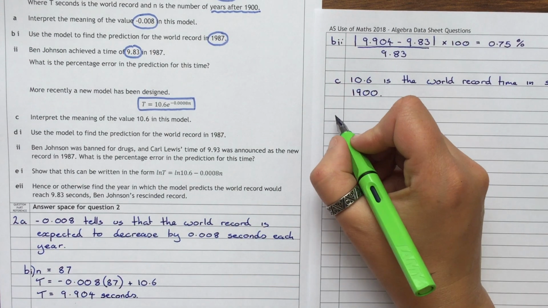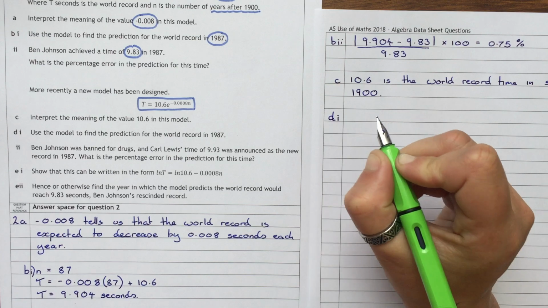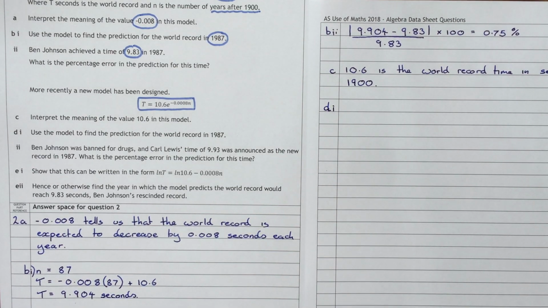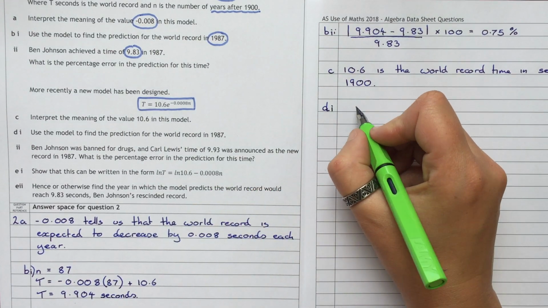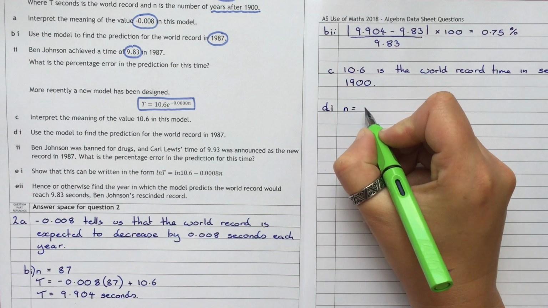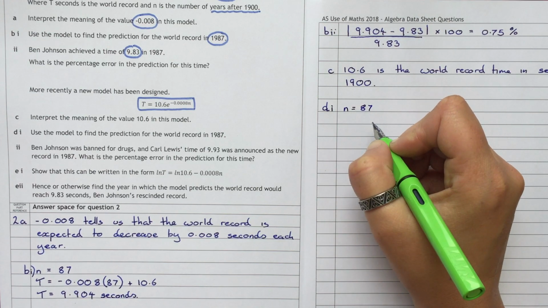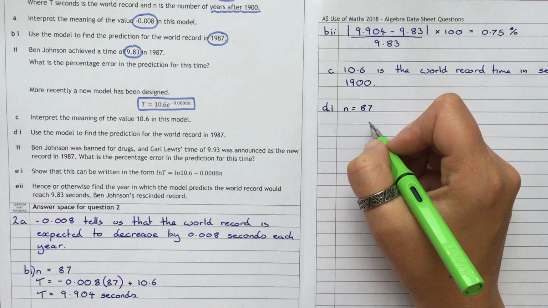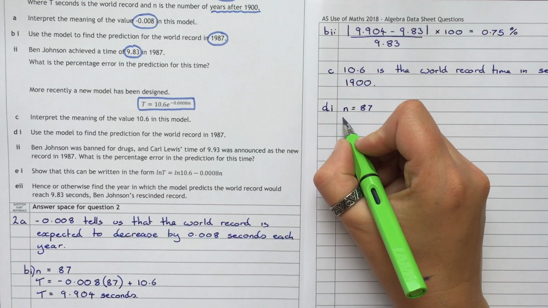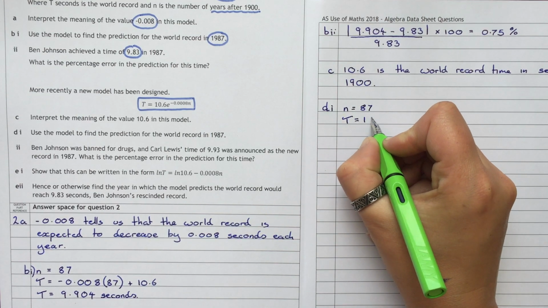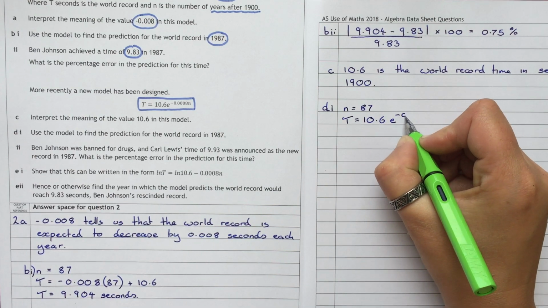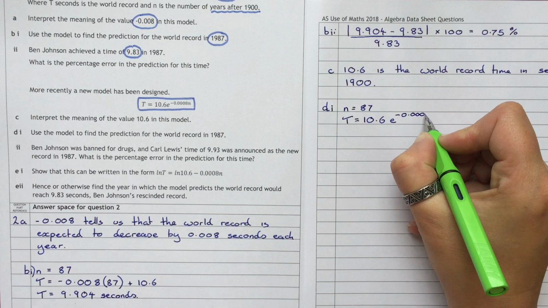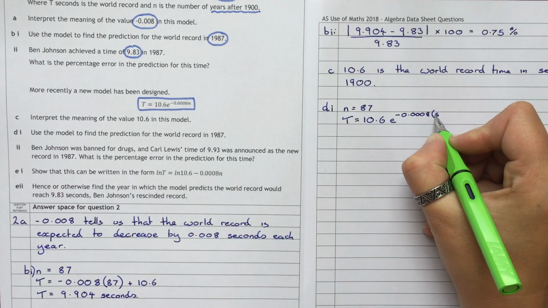Okay, so part D. We're now using a different model. So we're still doing 1987, so our value of n is still going to be 87. So t equals 10.6 e to the minus 0.0008 times 87.